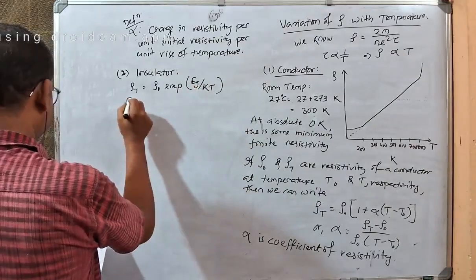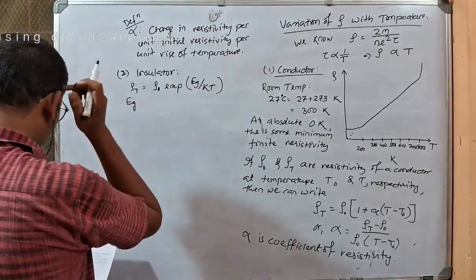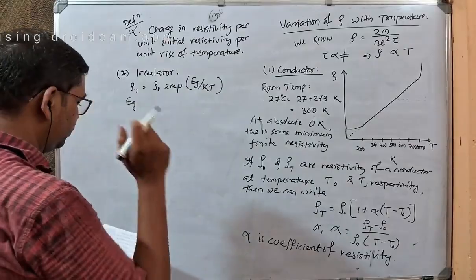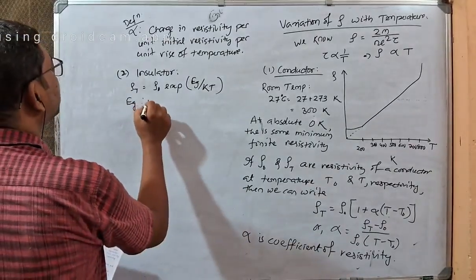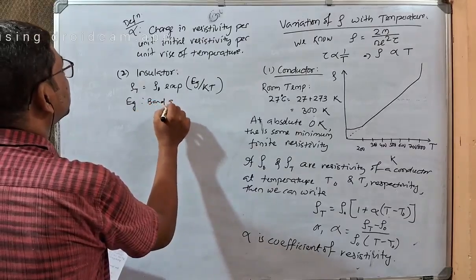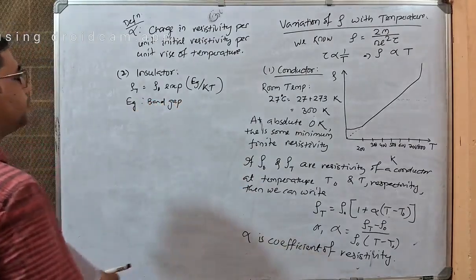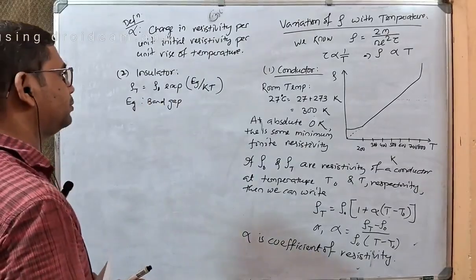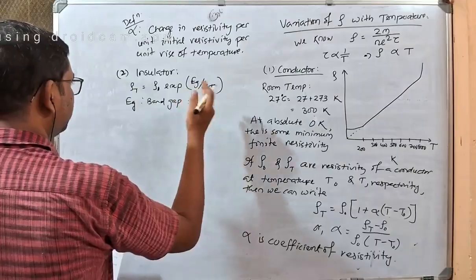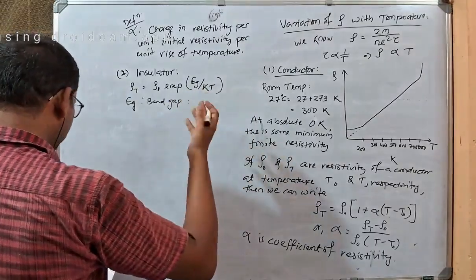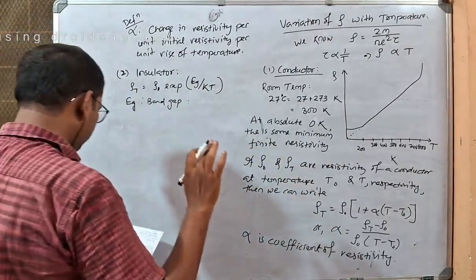Here are two terms, Eg and T. You don't know these terms. Eg is the band gap, and K is the Boltzmann constant. You don't know these terms, so better we leave it here.